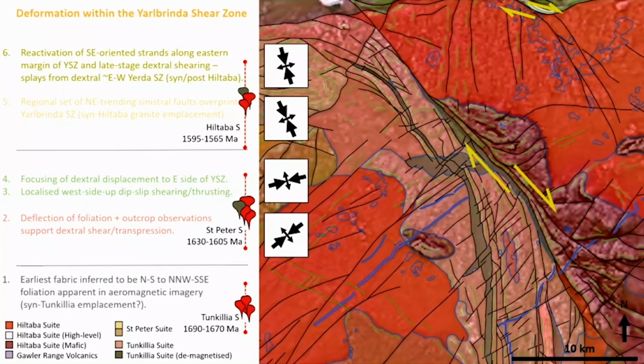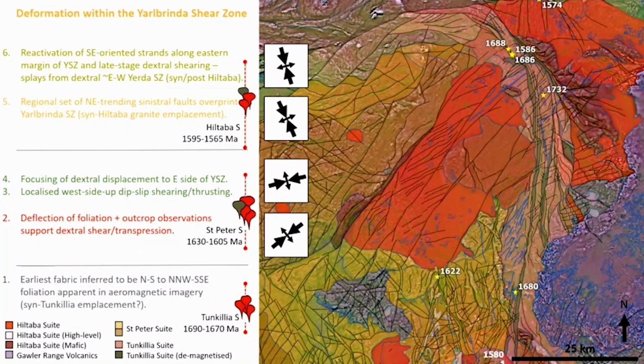We also see a nice foliation in these gneissic units here, supporting that late stage of dextral shearing, likely representing splays from the east-west Yarlbrinda Shear Zone to the north.